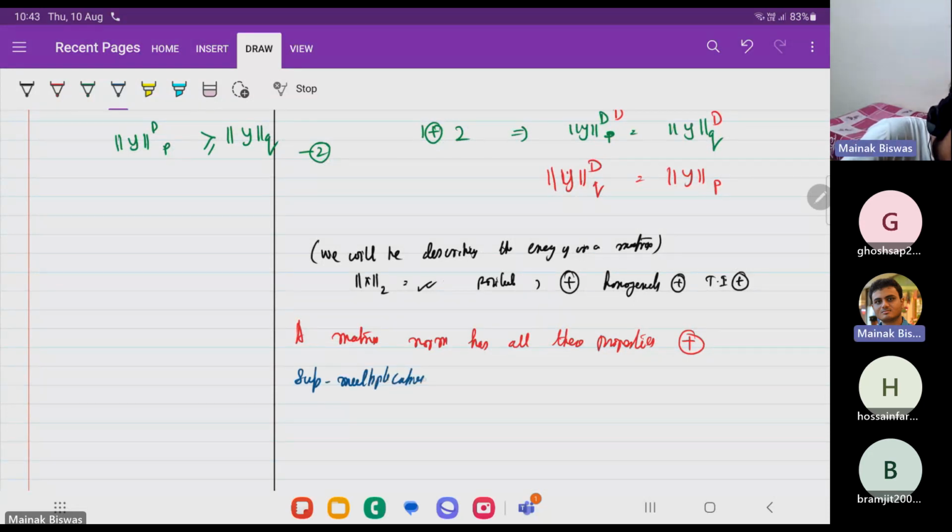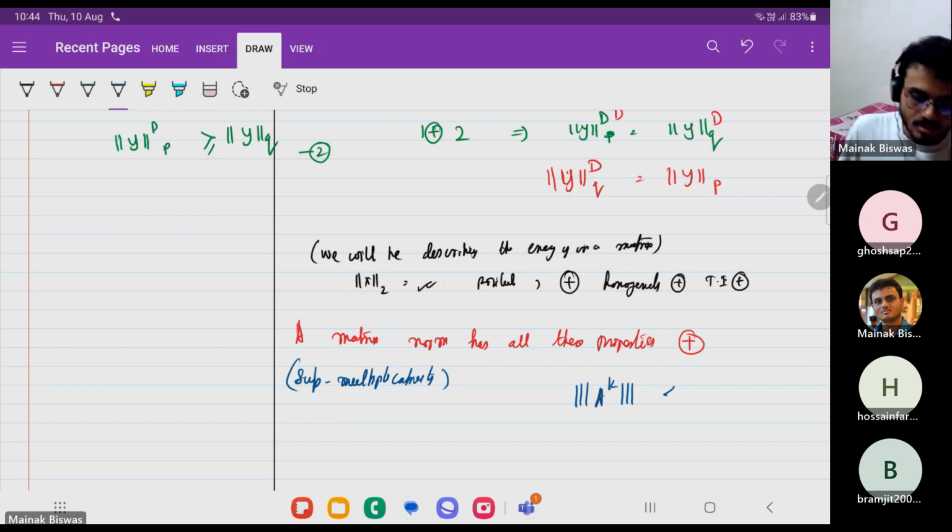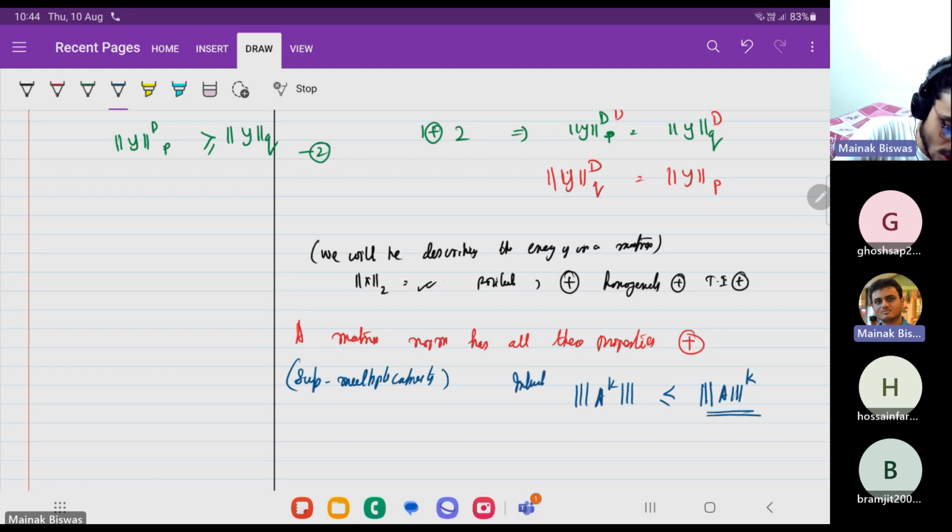Why is multiplicativity essential? This is because we want to bound the energy in the A to the power k matrix, right? We have already discussed A to the power k using eigenvalues. We can find the eigenvalues and then do A to the power k. But we also want to bound this energy in terms of the norm of A. This is the intuition. So if you want a norm to exist, we want the norm of the matrix to follow this.